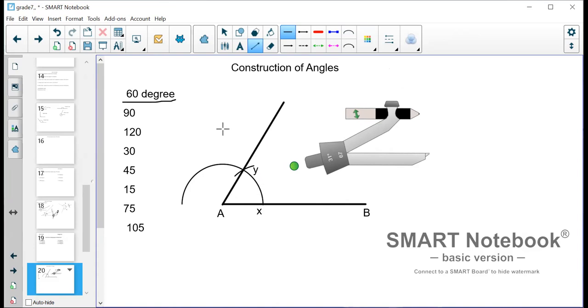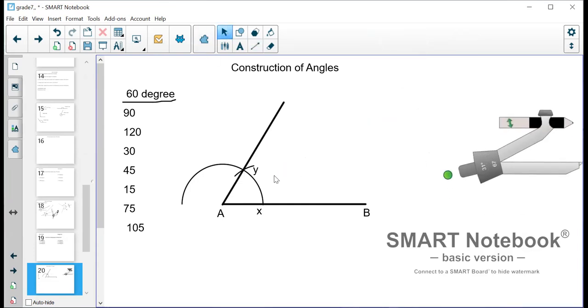Those would be construction lines. So what we did there is that we constructed a 60-degree angle.